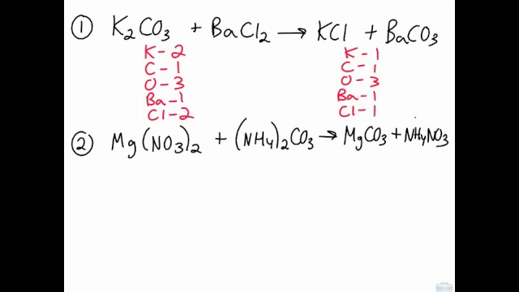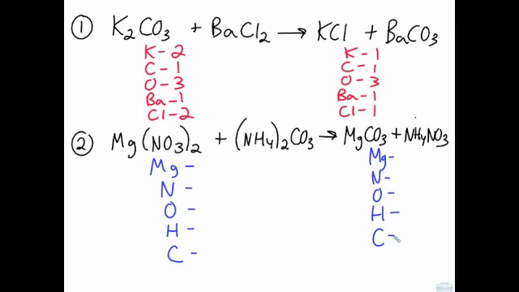Now example number 2. List the elements: magnesium, nitrogen, oxygen, hydrogen, and carbon. Let's list the products directly across from each one: magnesium, nitrogen, oxygen, hydrogen, and carbon.